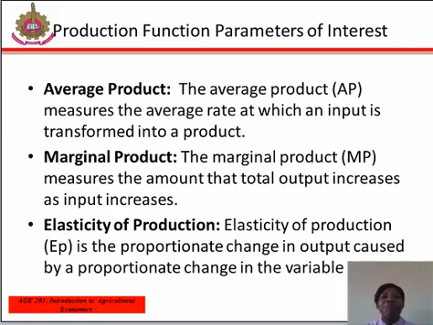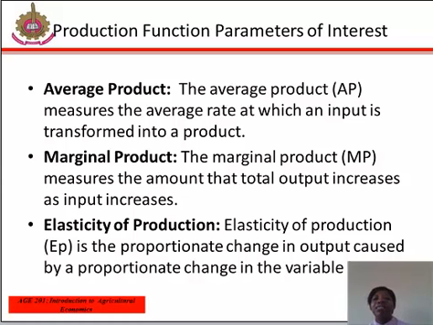Production function parameters of interest include the following. Average product, which is represented by AP, means the average rate at which an input is being transformed into a product. The AP is the total product divided by the input quantity, that is TP divided by X. Also, we have marginal product.